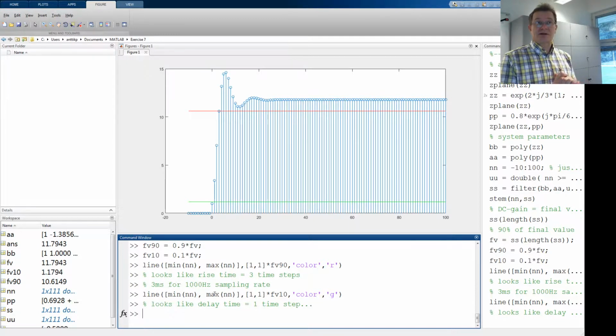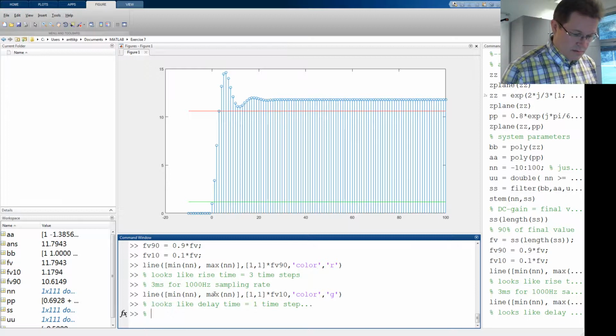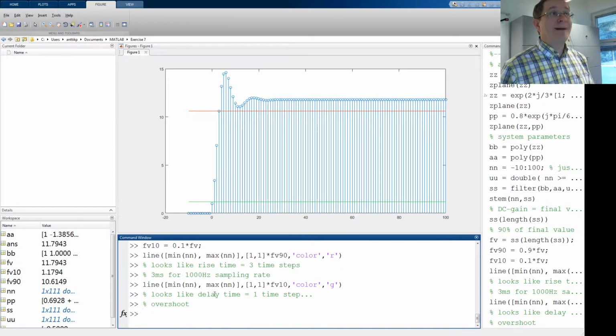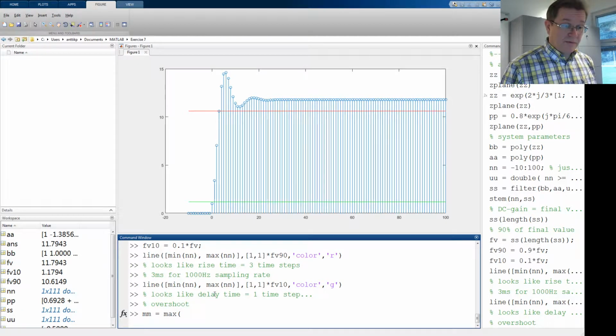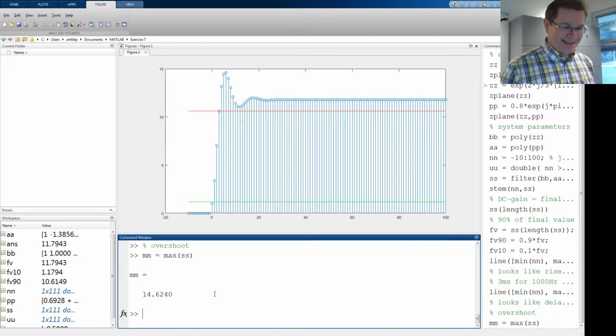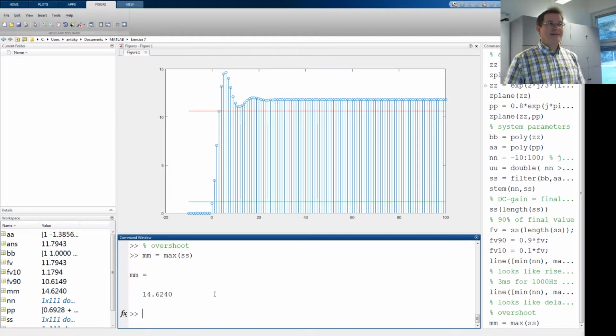Overshoot percentage. For that one, we actually find the maximum of SS. Yes, thank you. And this is not the value.